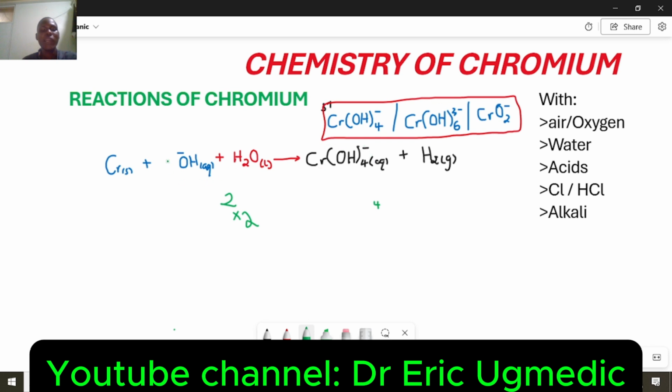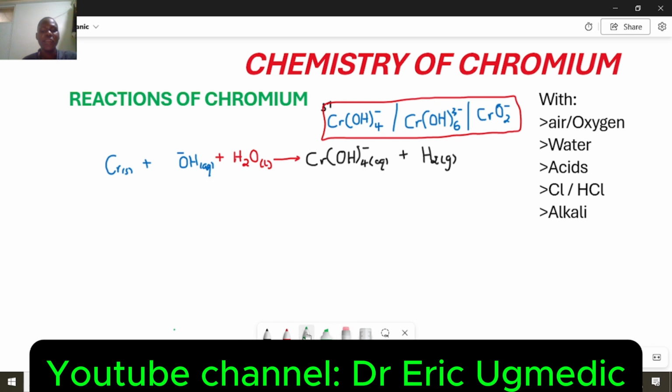If I put a 2 and a 2 to balance oxygen, this will change the value of the oxygen atoms. If I tried using a 3 here, I would also need to put a 3 again, so it would make no difference.